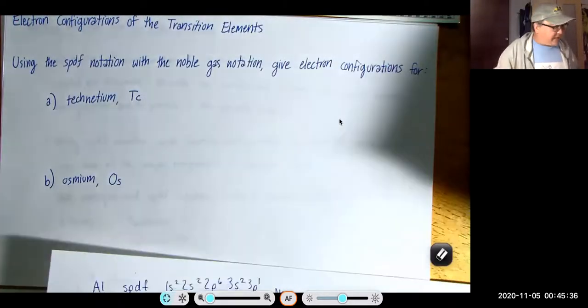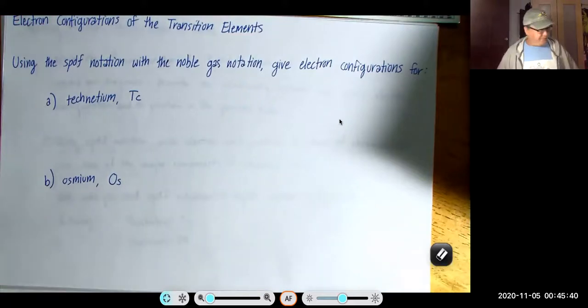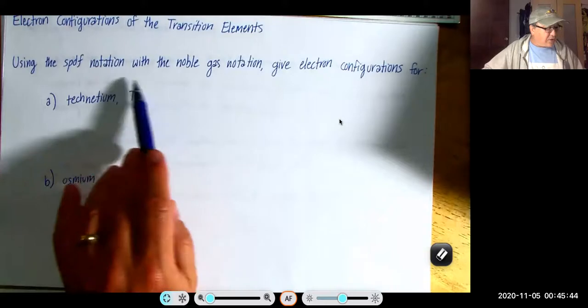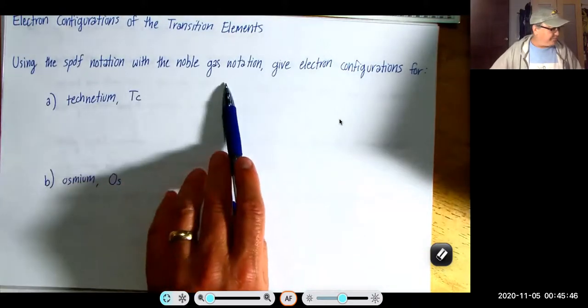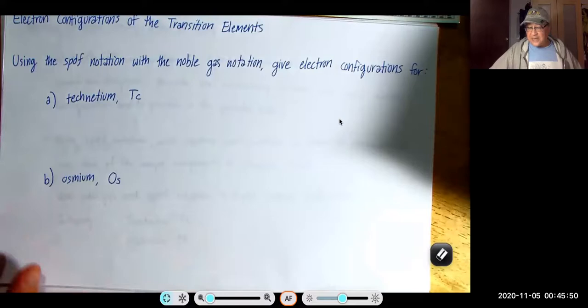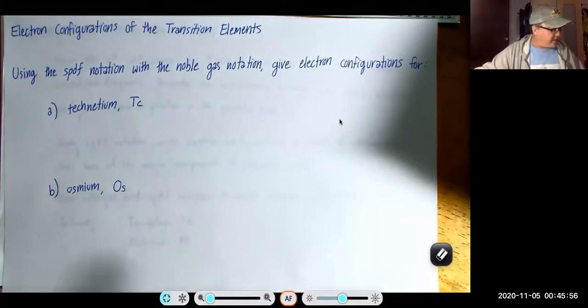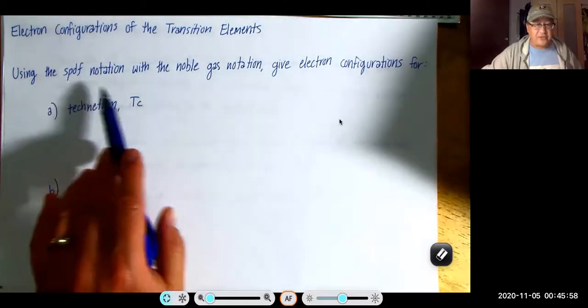Okay, let's look at the electron configuration of the transition elements. Using the SPDF notation with the noble gas notation, give the electron configurations for technetium. This one's kind of nice because they're saying, go ahead and start with the noble gas notation.